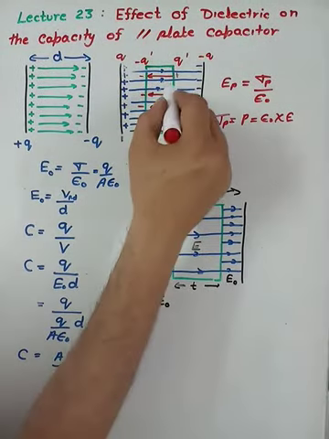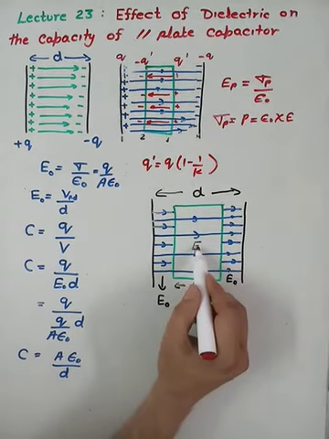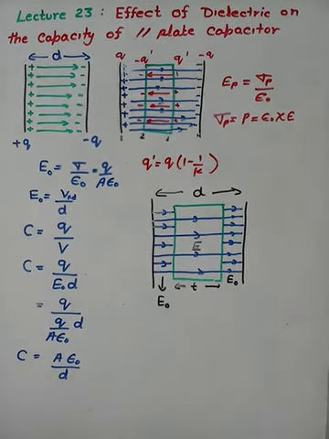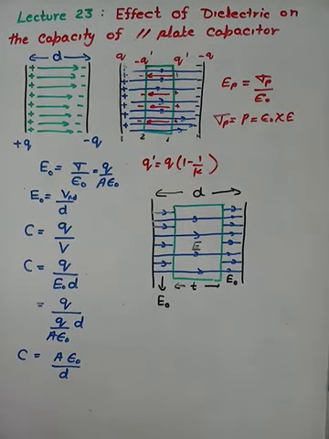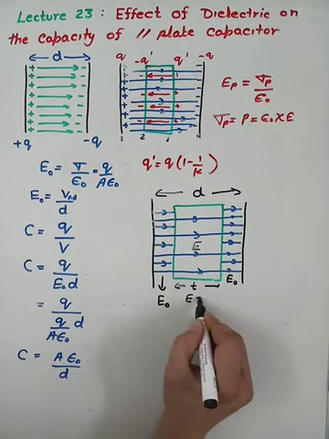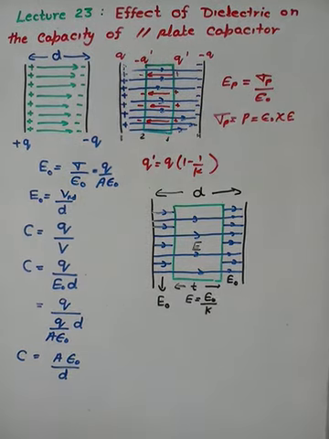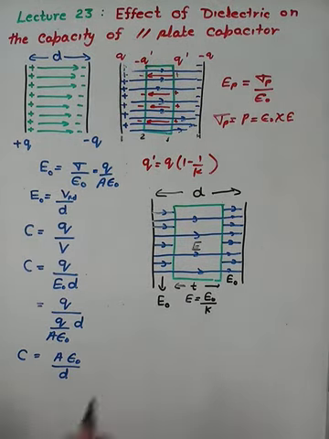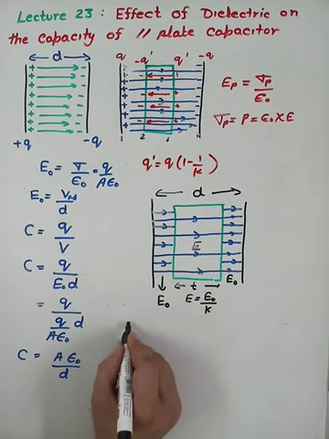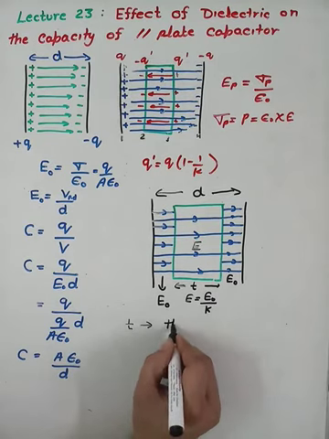Now the red lines and the 4 blue lines will cancel out. We get a reduced field, that is, the net field inside the medium is E. What is this E? E naught by K. Now T is the thickness of the dielectric.